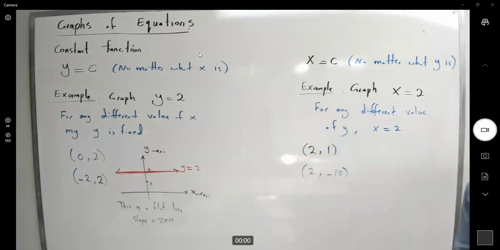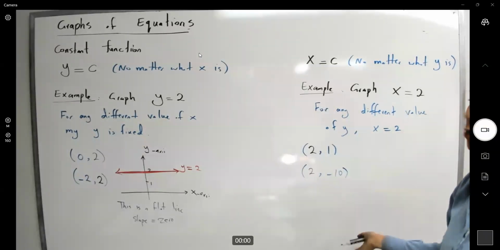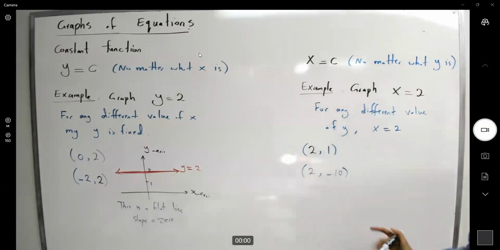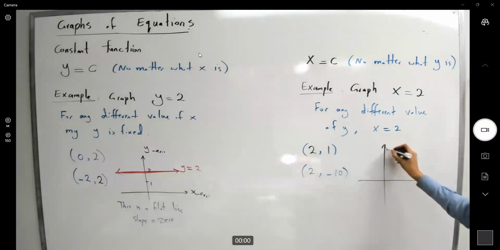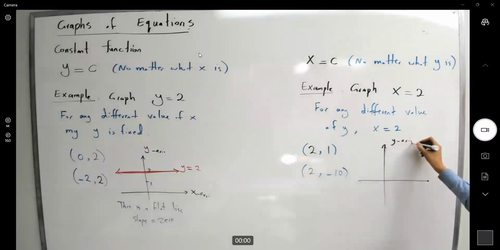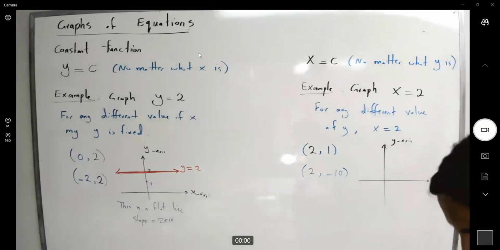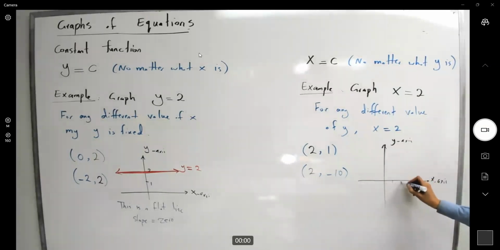So how do I graph this? It says no matter what your y is, your x is always 2. So it's going to be the graph of this line. My x is 2, and you get a vertical line.